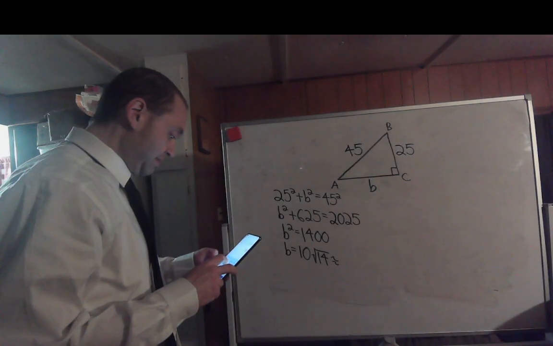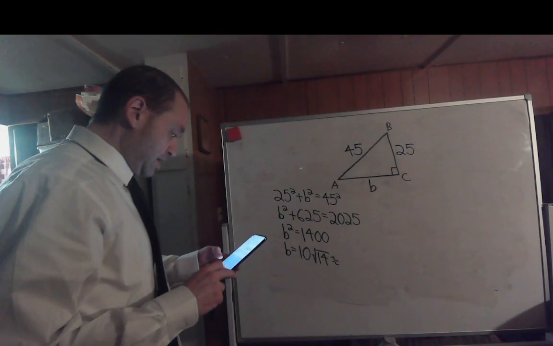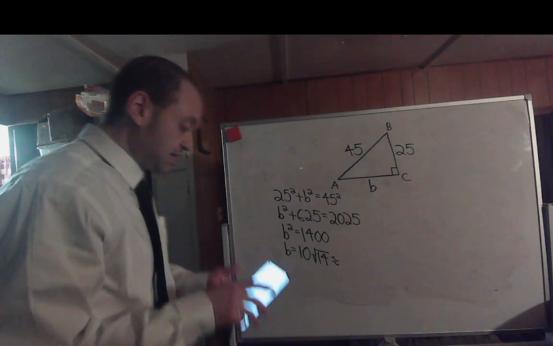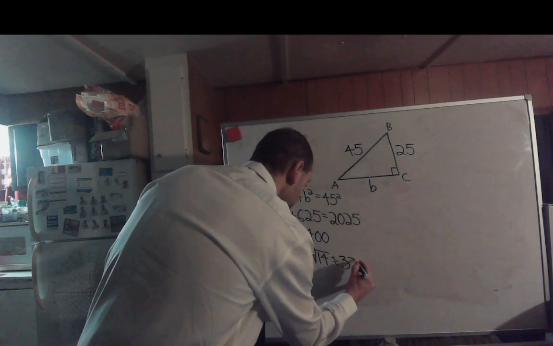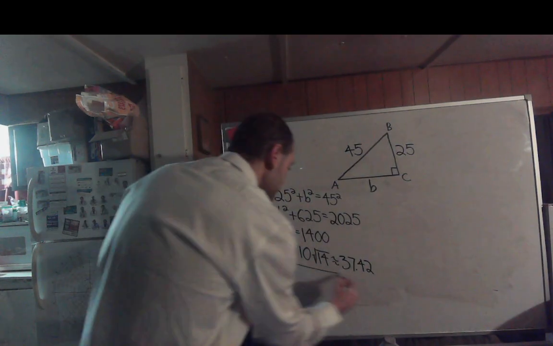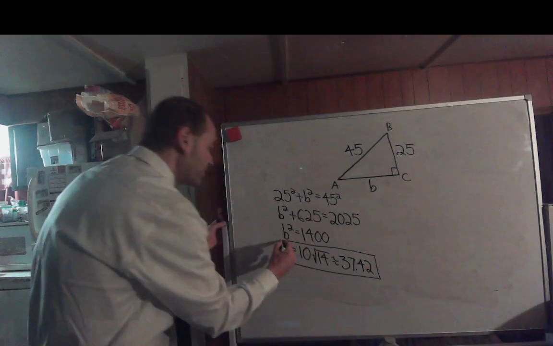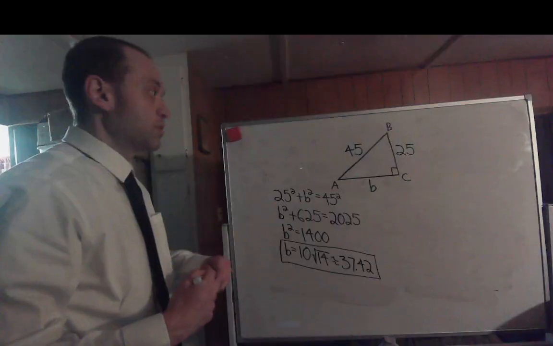So 10 times the square root of 14 gives you a length of approximately 37.42 units. Alright, so side B is exactly 10 times the square root of 14 units, or approximately 37.42 units.